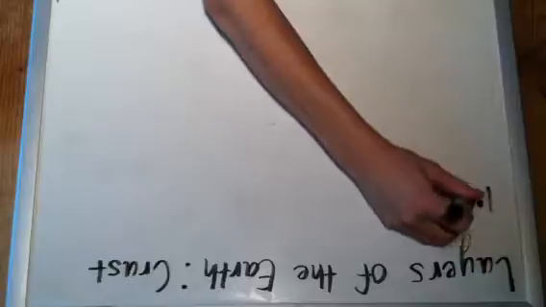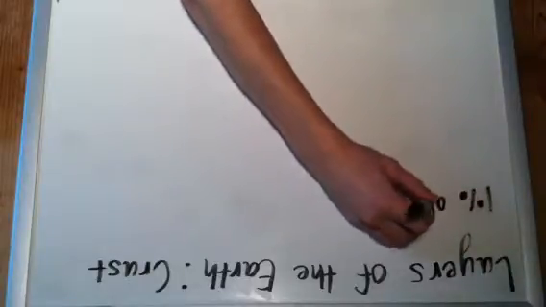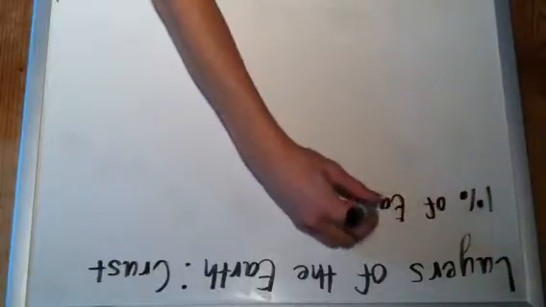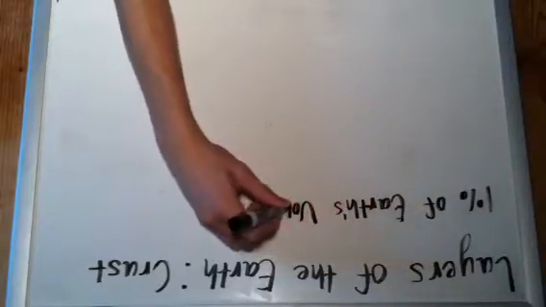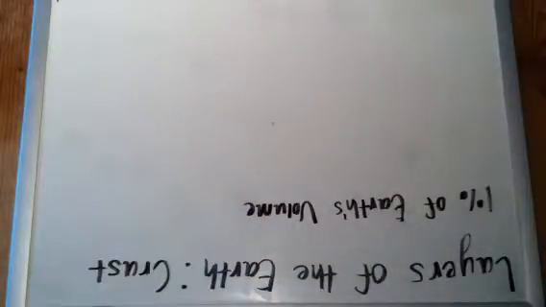The crust makes up about 1% of the Earth's total volume. That is just a tiny sliver of the entire volume, and it's amazing to think that even the deepest points we've ever traveled in the Earth have still been in the crust. Obviously, humans aren't built to survive the high temperatures of the deep crust or the mantle.